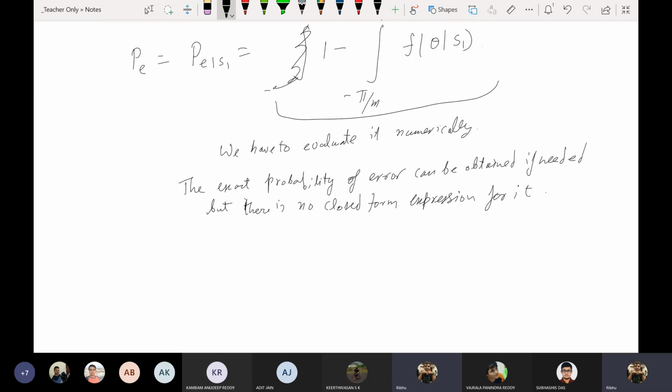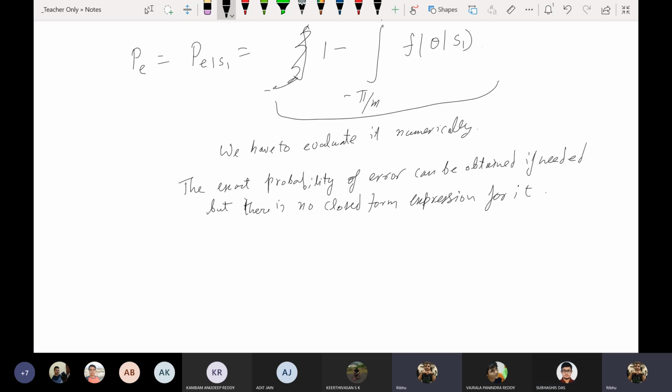We cannot write it nicely as a closed form expression. So now you feel slightly more motivated to use the union bound, I believe, after all this effort. The union bound is basically the easy way out. Yes, so we use the union bound.